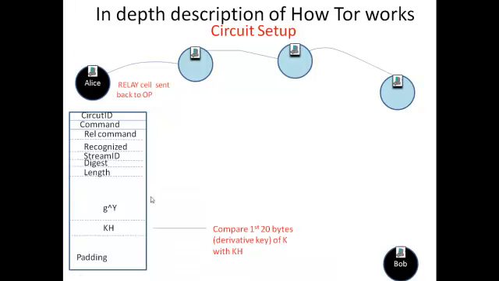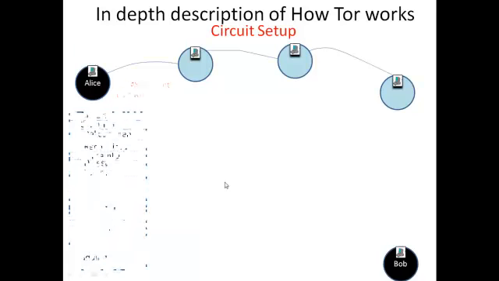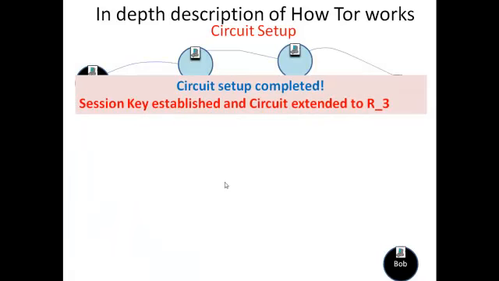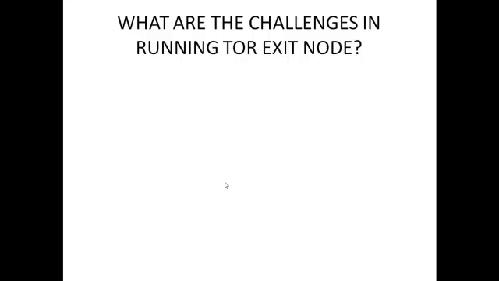Then it will compute the KH, the key material, and compare the derived key. Once they are the same, the handshake is completed, and now a session key is established between the three relays and Alice.